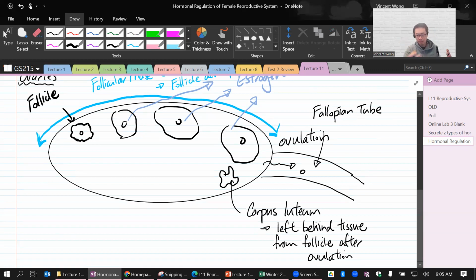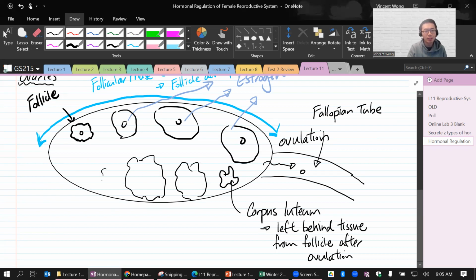Now this thing, the corpus luteum, is going to grow a little bit more. So it gets bigger and then bigger. And then if pregnancy does not occur, it will shrink and then be broken down. That takes another 14 days.